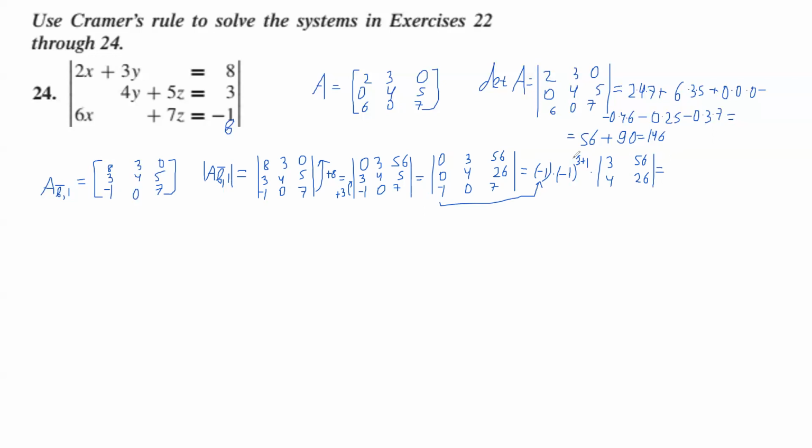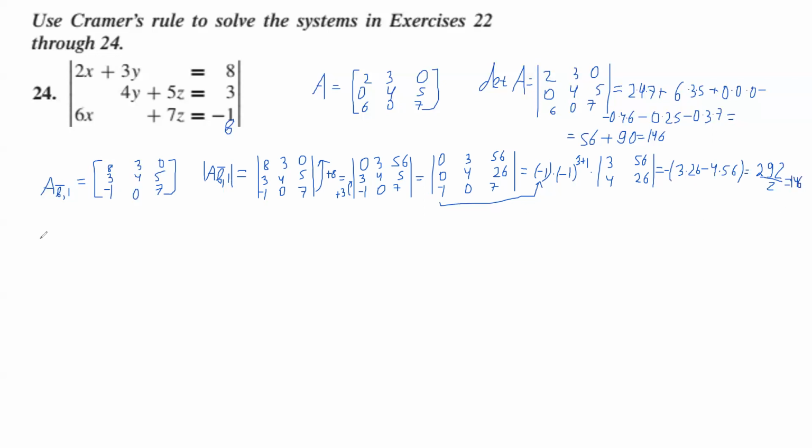Minus 1 to the power 4 will be plus, times minus 1 will be minus: 3 times 26 minus 4 times 56. When we calculate this, we will get 292. Divided by 2, which is 146.